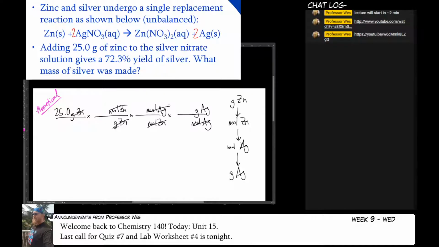Okay. Let's find the periodic table. There it is. So I need zinc, 65.38 grams per mole.